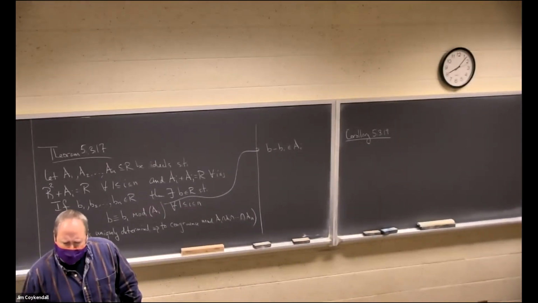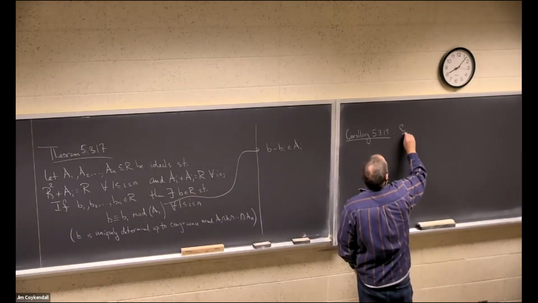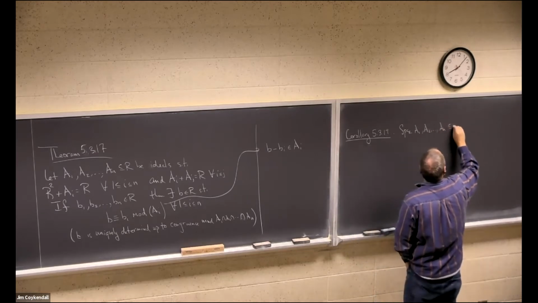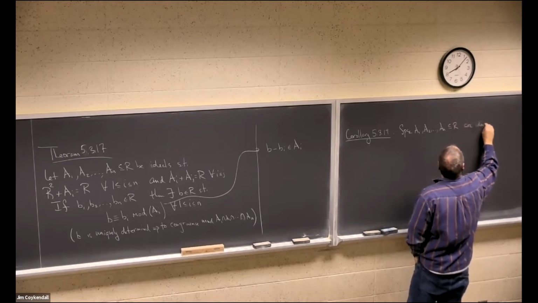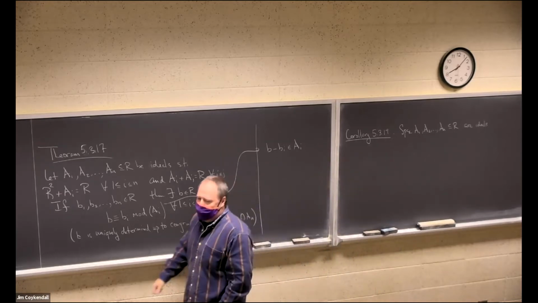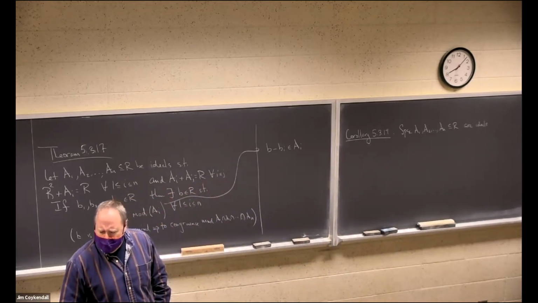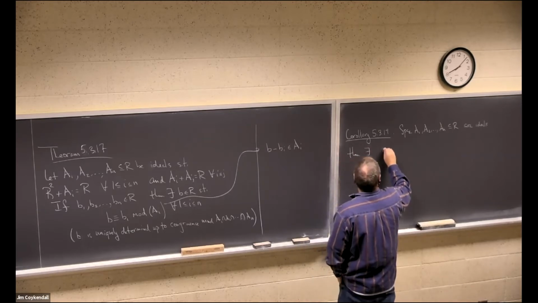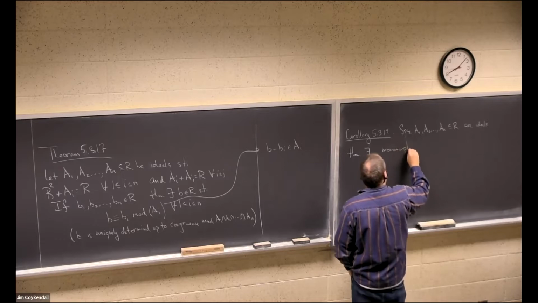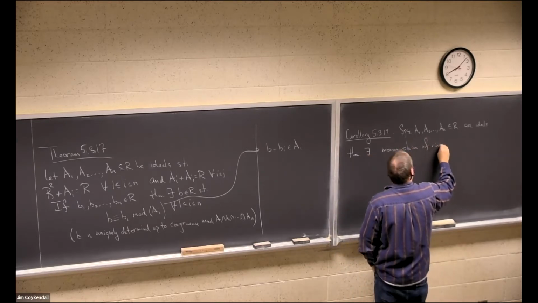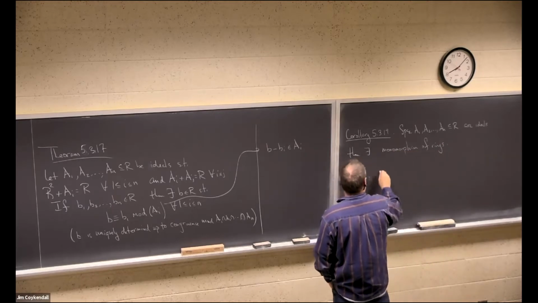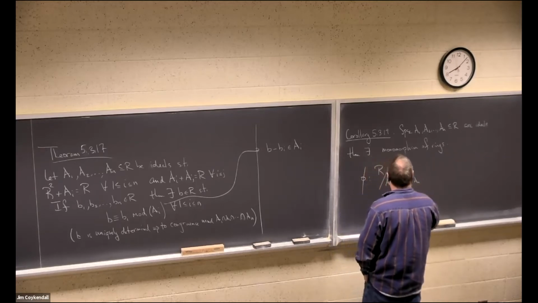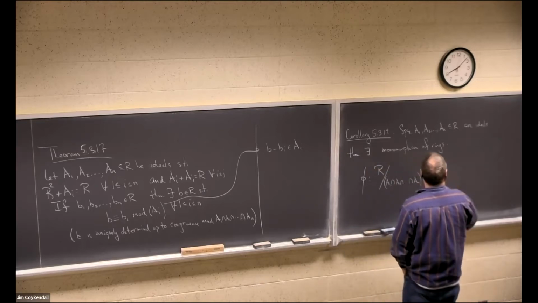Suppose A1 to AN are ideals. So you have this collection of ideals in R. Then there exists a monomorphism of rings from R mod A1 intersect A2 intersect AN into R mod A1 times up to R mod AN.